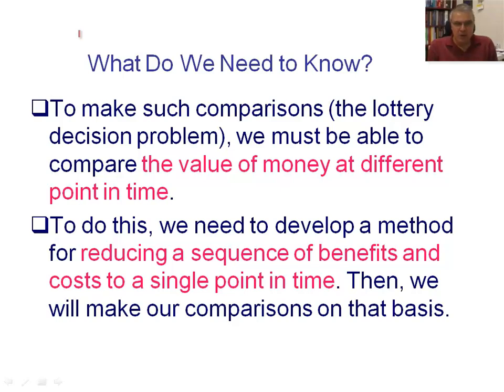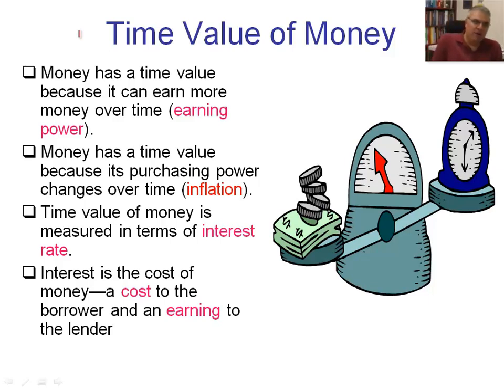In other words, we need to bring the value of the money to a point either today or at 25 years or 10 years from now, or at a specific point in time, so we can make a comparison. Then we will make the comparison based on that.